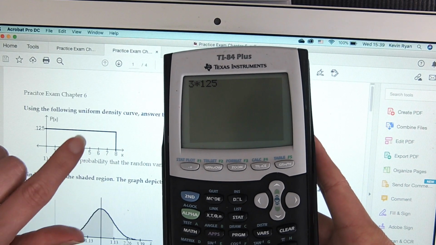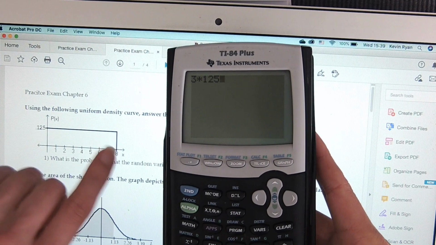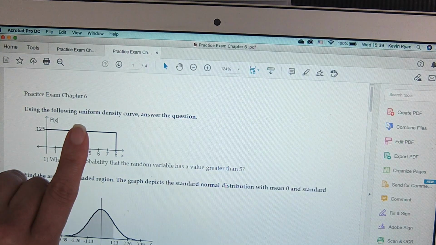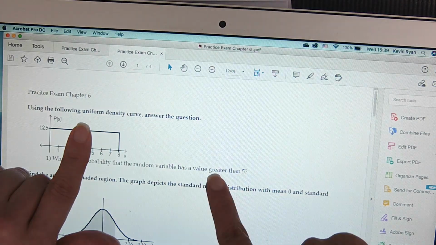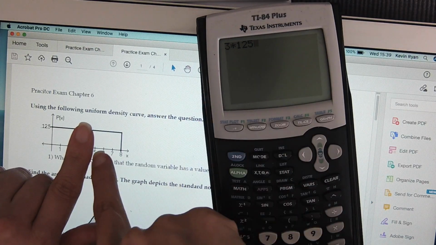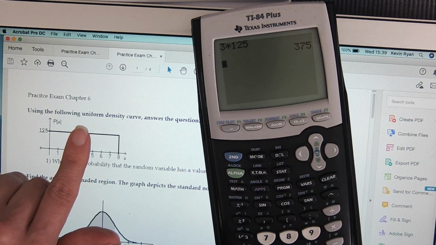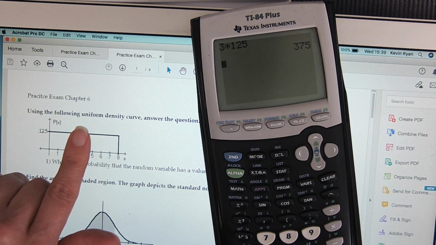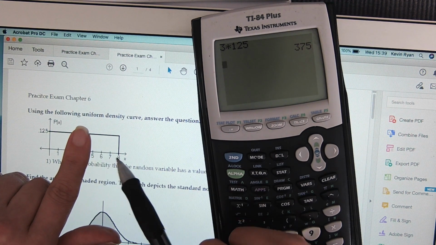Because it's bigger than 5, I'm looking for this area, greater than 5. So the answer is 1, 2, 3. 3 times 125. So that's it, 375. Is that good? That's all you're looking for, the area greater than 5.